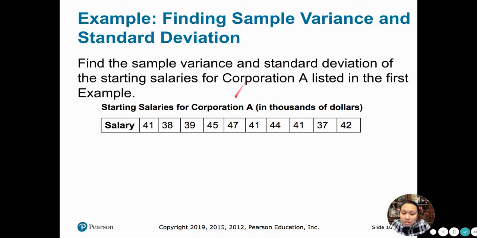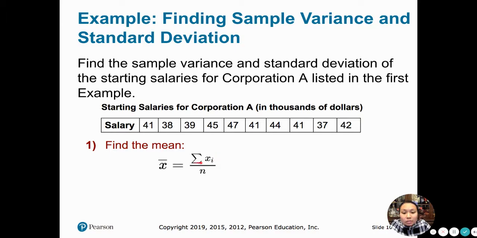for these starting salaries. The first step in finding the sample variance is something that we've done many times already, and that is to find the mean. To find the mean, you already know how to do this. It is x bar, the symbol we use to signify the mean.